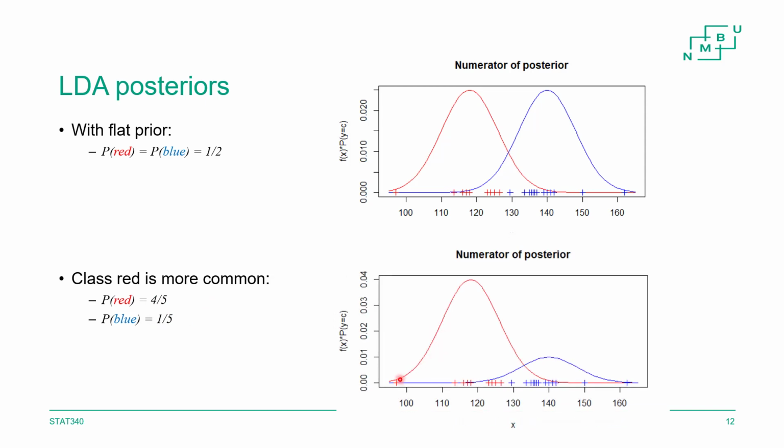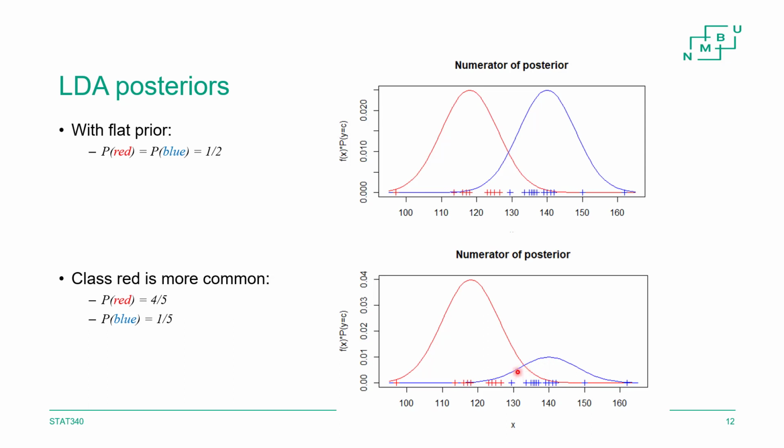Then you can see that the likelihoods are scaled differently. So now the red likelihood is now multiplied with 80%, right? 4 divided by 5. So this area is now 0.8, while this one is only 0.2. So the blue becomes much smaller.